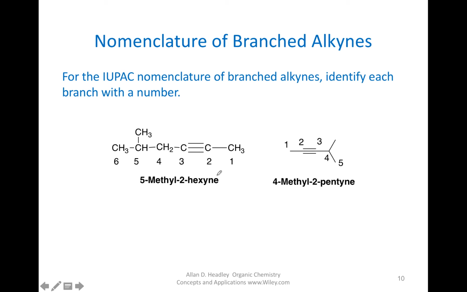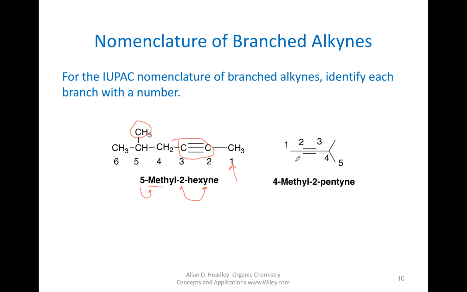So here is an alkyne. Here's the triple bond. We start numbering here. It has 6 carbons. We change the A to Y. We indicate its position by 2. There's a branch here on the 5th carbon, and it's a methyl, so it's a 5-methyl. Again, numbers are separated from letters using a dash.